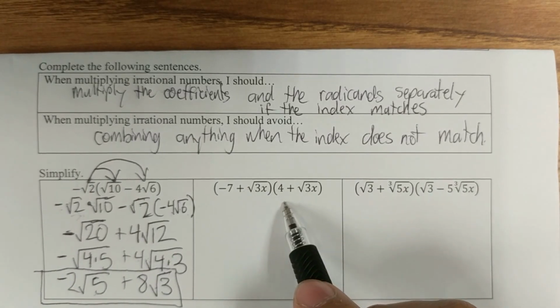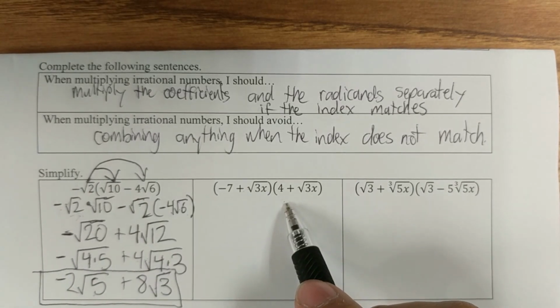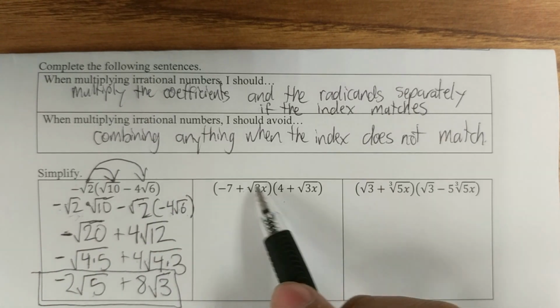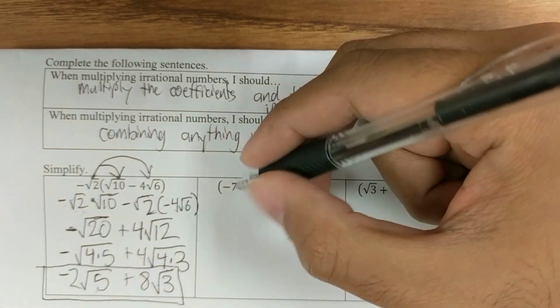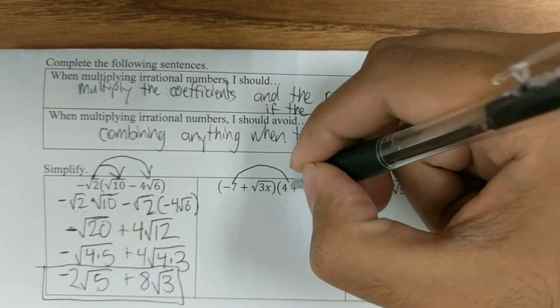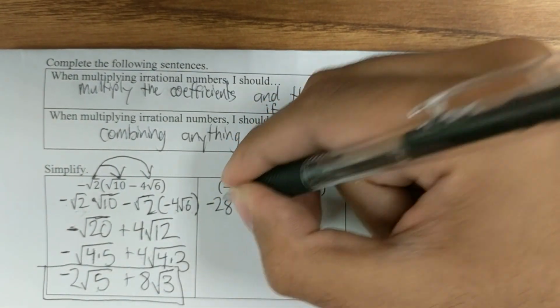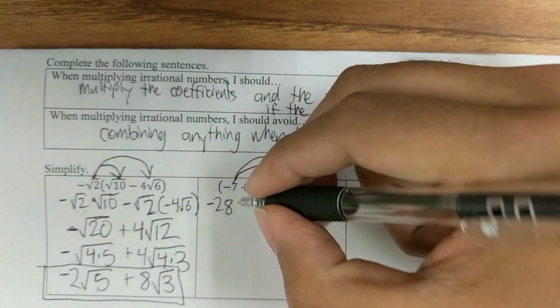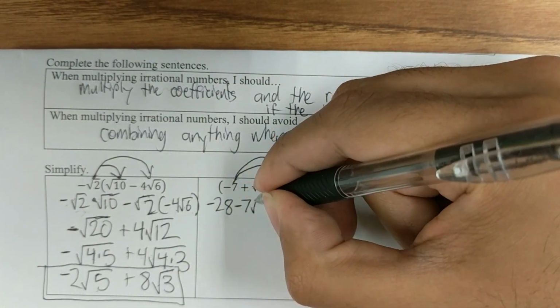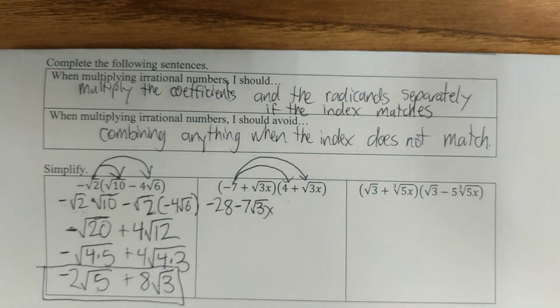Over here, so again, we need to use the distributive property. We need to make sure everyone on this team plays everyone on this team. Okay, so negative 7 times 4 is negative 28. Negative 7 times radical 3x. We can't combine, so we just keep it like that.